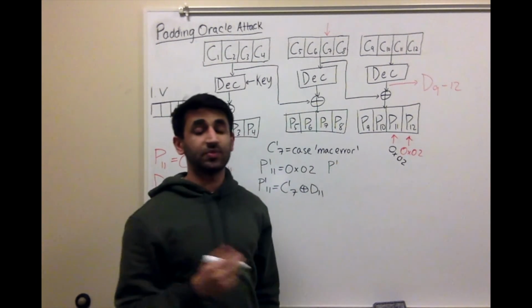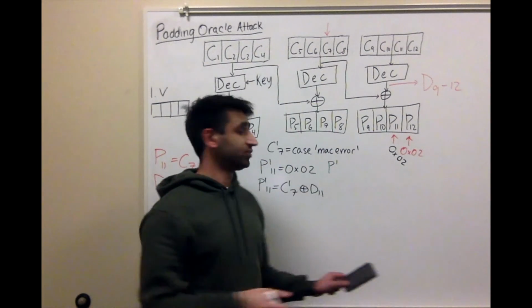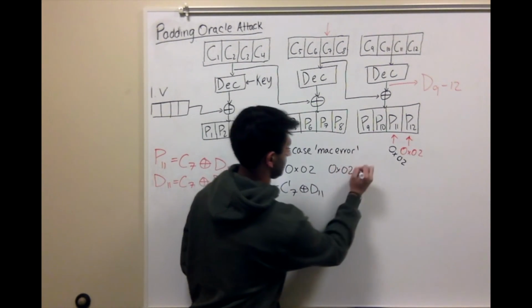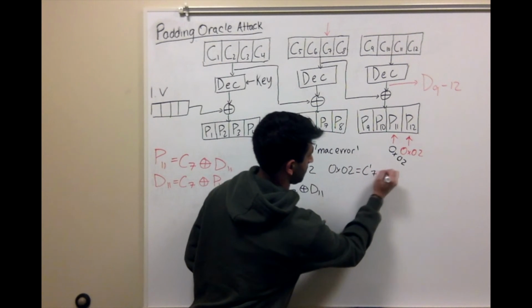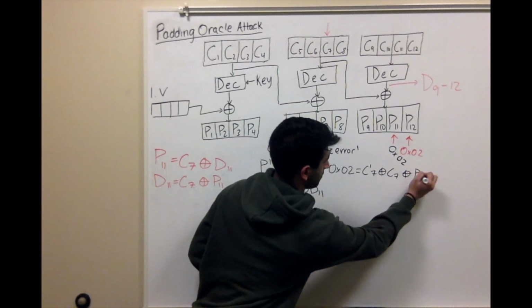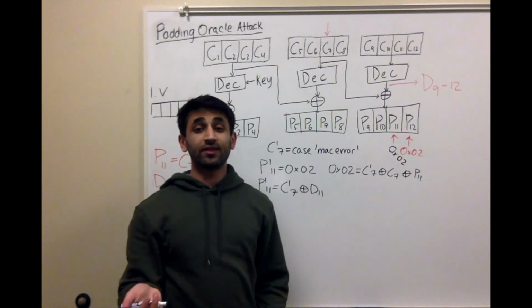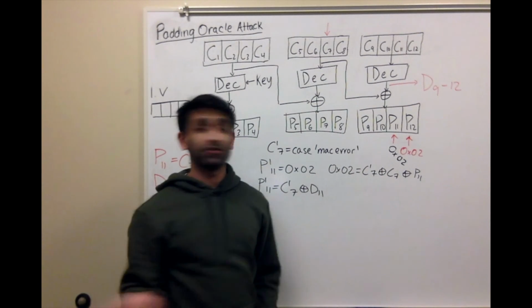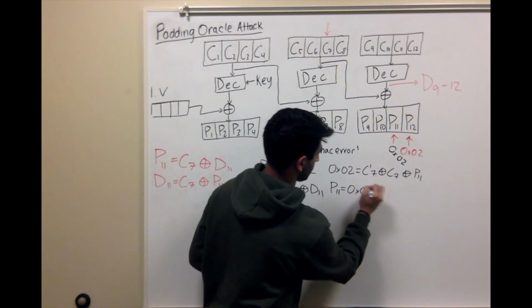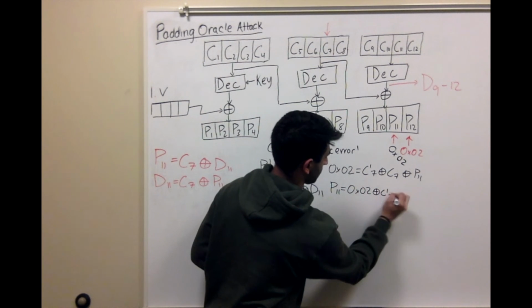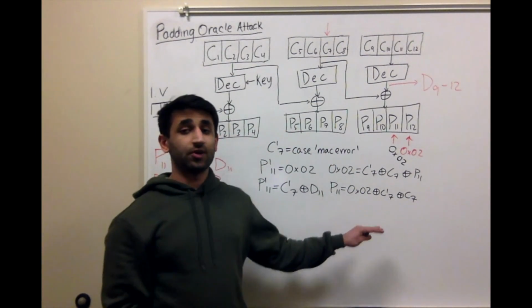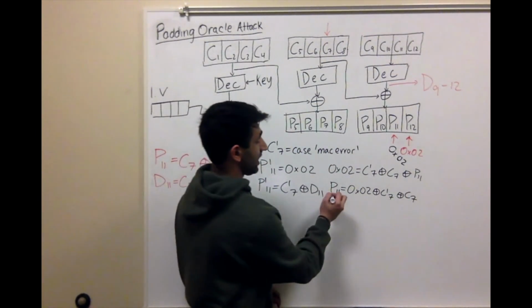I'll also replace P prime of 11 with 0x02. Now we can simply rewrite this to solve for P of 11. We know every single value on the right side of this equation, so we can now figure out what P11 is.